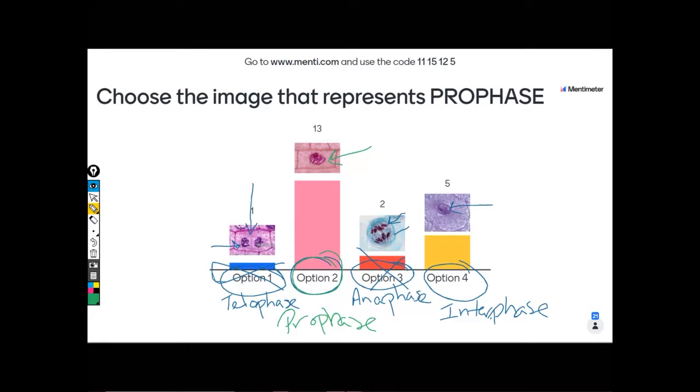So how did we know this was prophase? So we can see the chromosomes, right? So we see clearly condensed chromosomes.